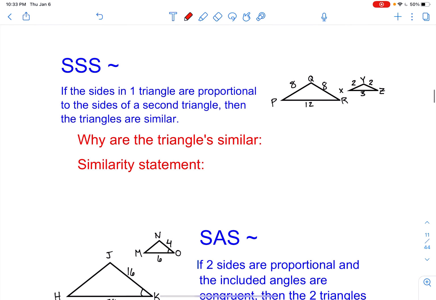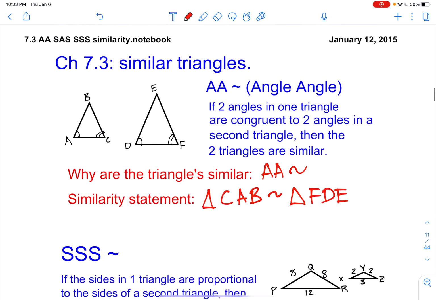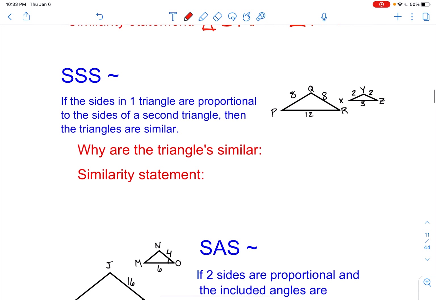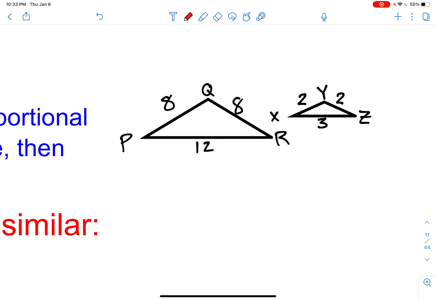Now for this one, this only included angles, but when we have sides involved, we need to know if they're proportional or not. If we have all three angles, then we know it's good, but if we don't have all three angles, then we need to see if the sides are proportional.